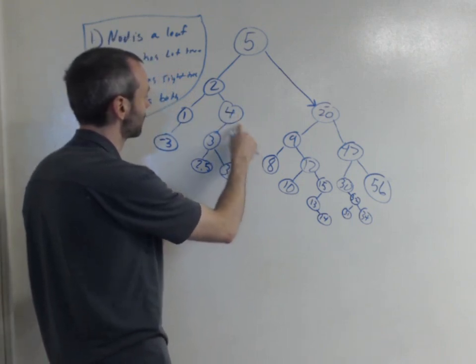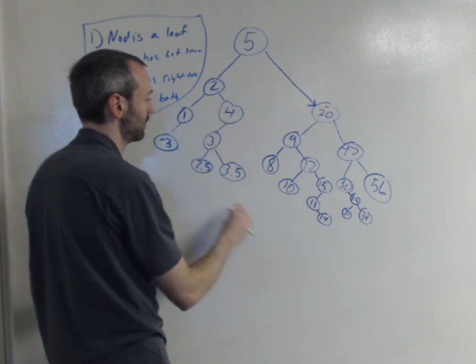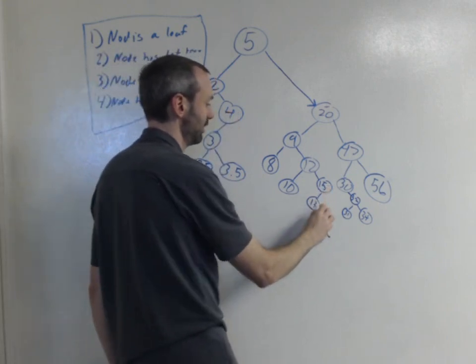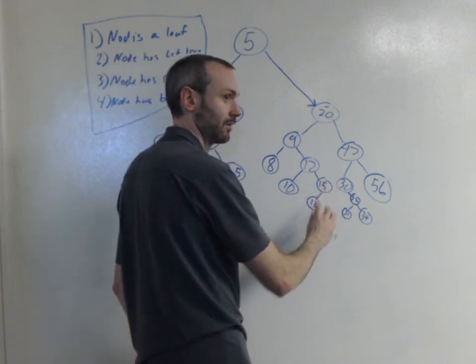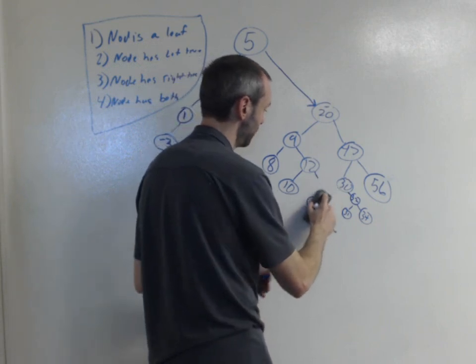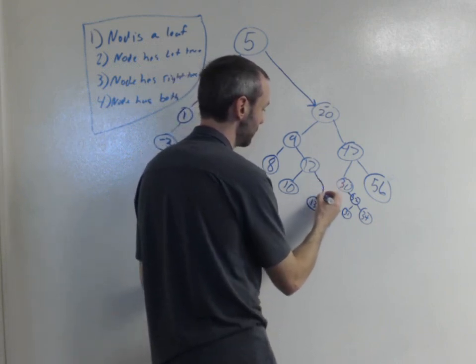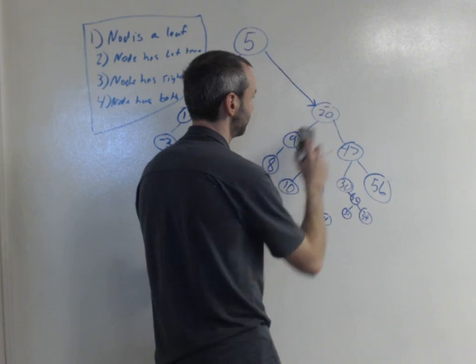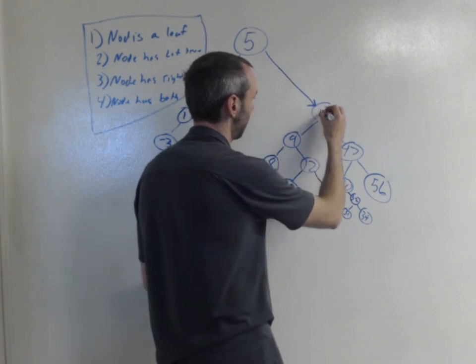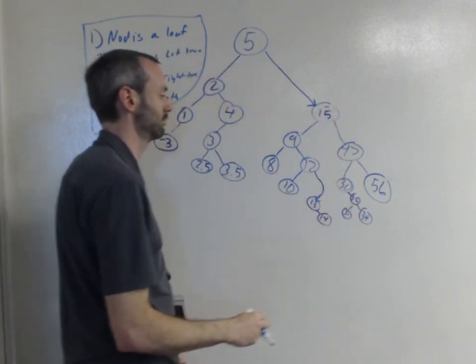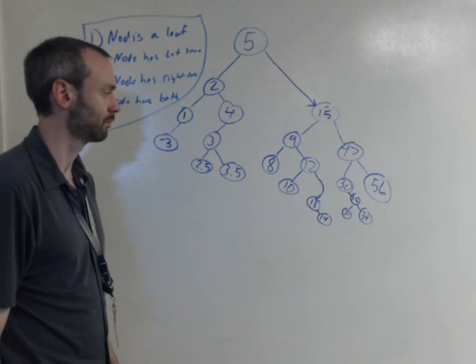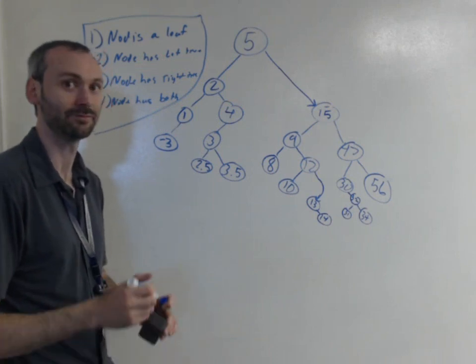But if you want to delete the 4 and there's nothing to the right, you just shift this up. So if you want to delete the 15, you just shift this up, right? So there's actually not a problem here as long as you do this. Binary search tree.